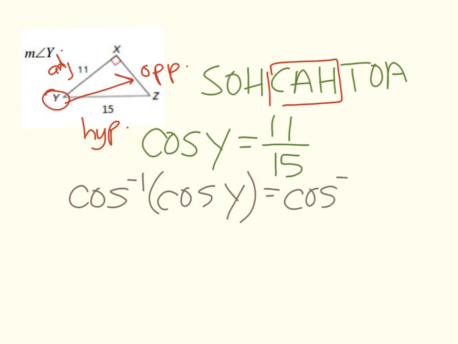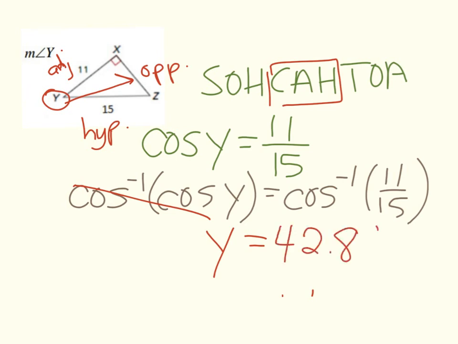Equals the inverse cosine of 11 over 15. What that allows me to do is cancel out the cosines, and that leaves me my angle y. And then I have to type in the inverse cosine of 11 over 15 into my calculator. My y degree is 42.8 degrees.